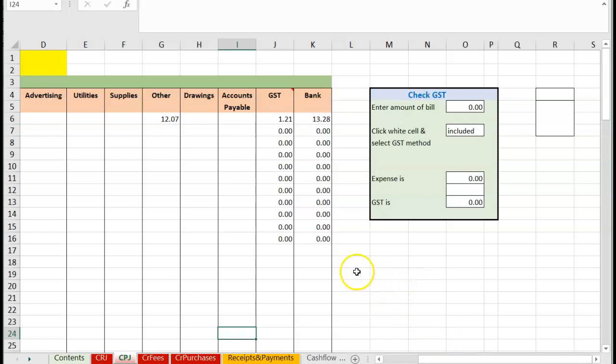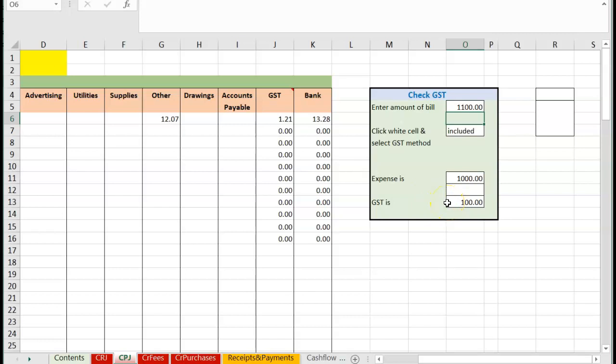On the side of this particular cash payments journal, there's this good little check GST equation. So if we enter into, for example, a bill of $1,100, press enter, it works out and it tells us the expense is $1,000. The GST within that $1,100 bill is $100.